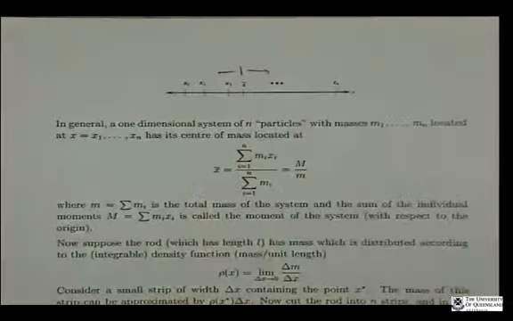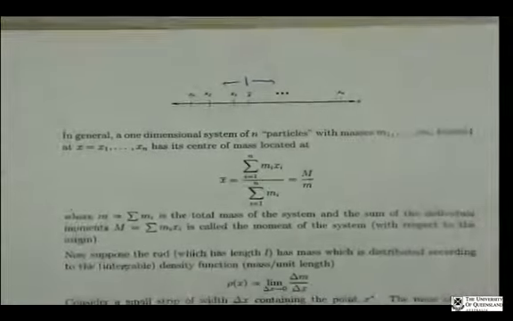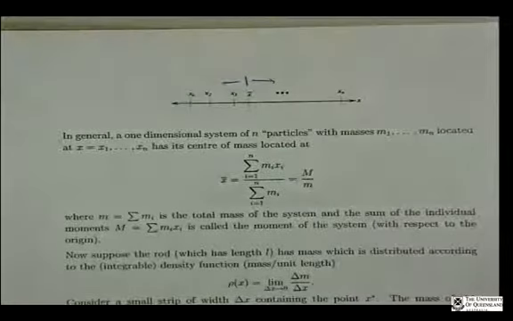Now at this stage we don't know where x bar is, so where I place it is a bit arbitrary, but just for the purposes of the calculation, let's say it's at this point.